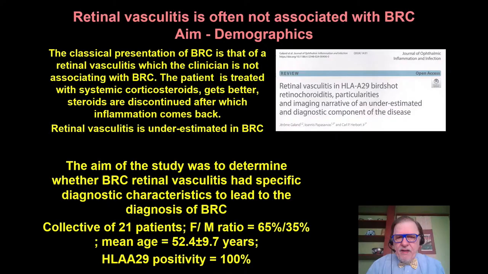Retinal vasculitis is often not associated in the mind of people with birdshot. The classical presentation of birdshot is that of a retinal vasculitis which the clinician is not associating with birdshot.